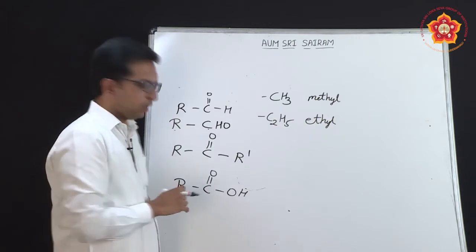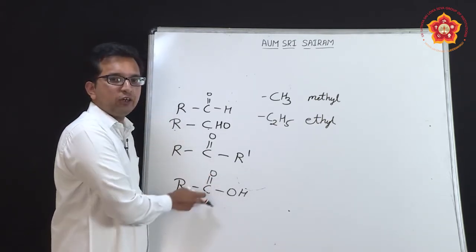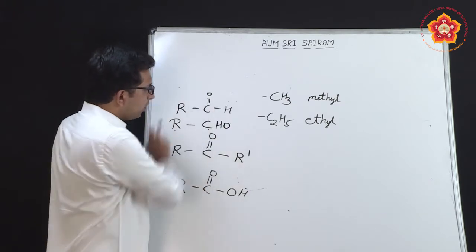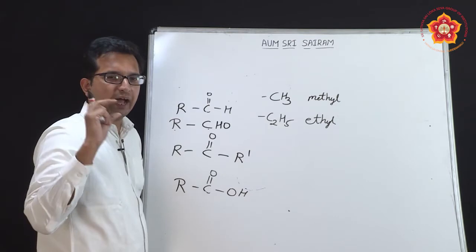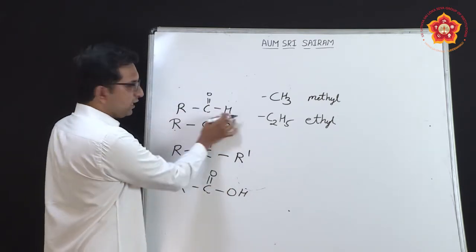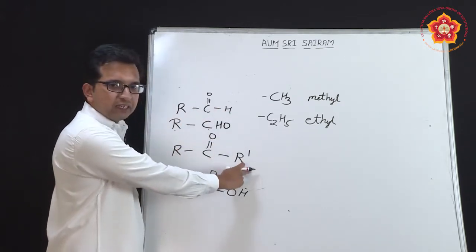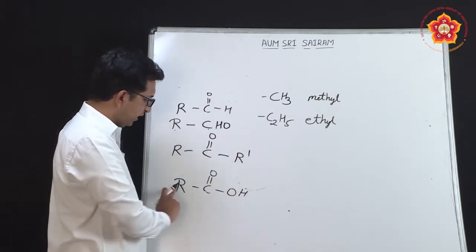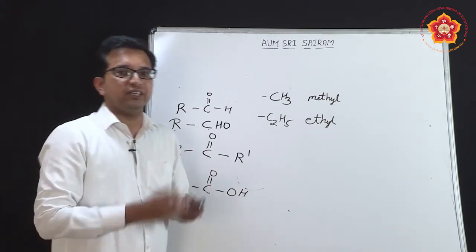Carbonyl, that is carbon and oxygen. So, in all these cases, carbonyl becomes the central aspect of our study, where the hydrogen and R on one side determines it to be aldehyde, R and R dash determines it to be ketones, and R and OH determines these compounds to be acids in nature.